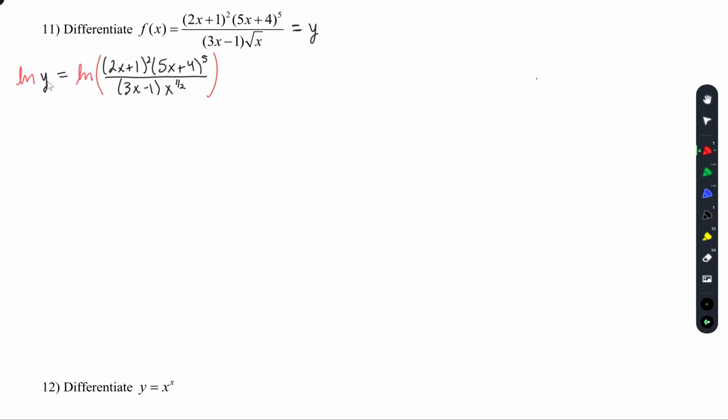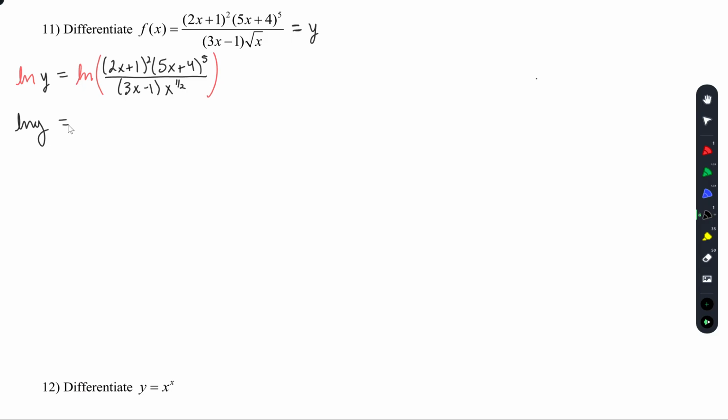Why is this better? Because I'm going to apply my log rules like nobody's business on that right side. I'm going to do the division, the multiplication, and the power rule. So when you did log rules in Algebra 2 and pre-calc, this is your moment. This is it, guys.